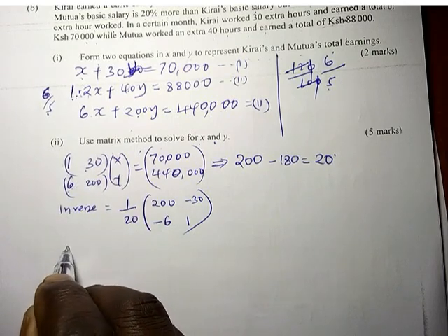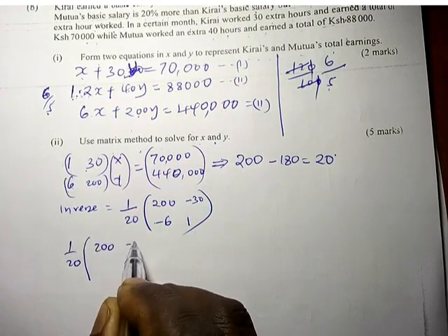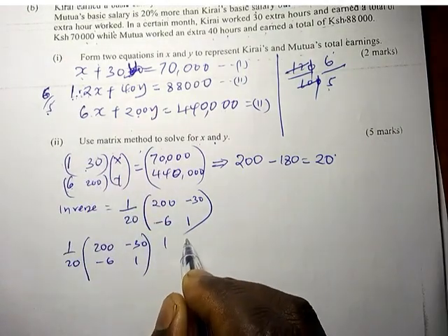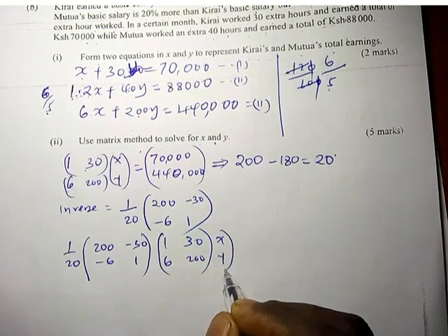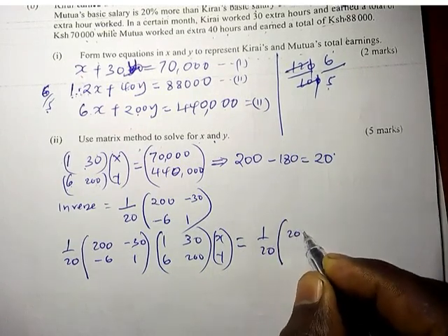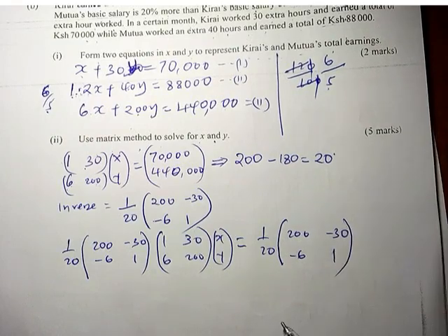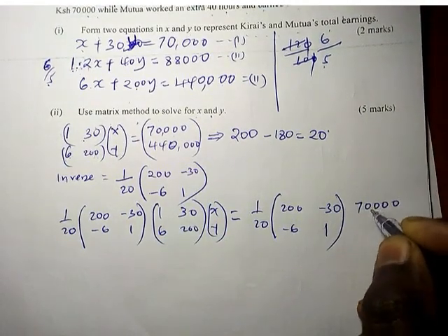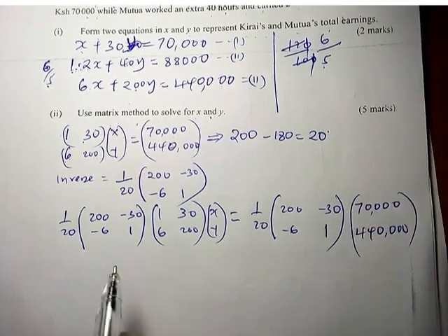So we will have 1 over 20, which is the inverse, into 200, -30, -6, 1, times 130, 6, 200, xy equal to 1 over 20 into 200, -6, -30, 1, and this one will be 70,000, and this one will be 44,000. This is the inverse.